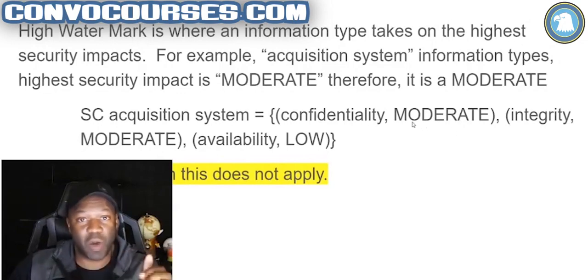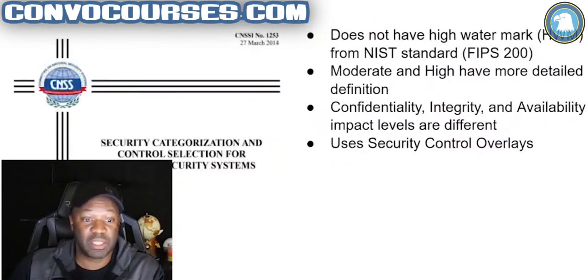There's no high watermark. So if the confidentiality is moderate, if the integrity of that data is moderate, it remains moderate. If the availability is a low impact level, it remains a low impact level. That is what I mean by NSS does not do high watermark. So that's one of the differences.